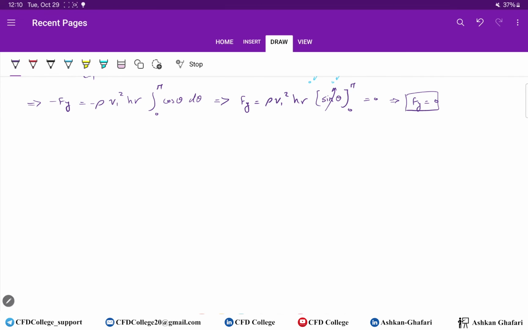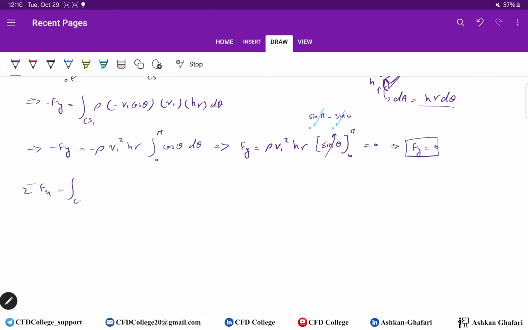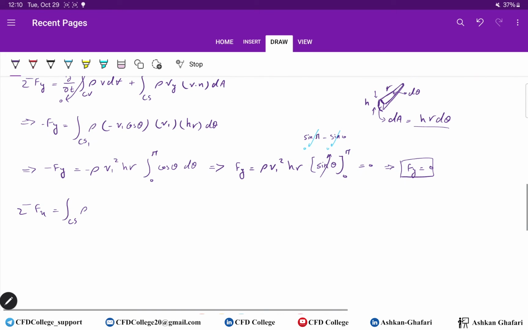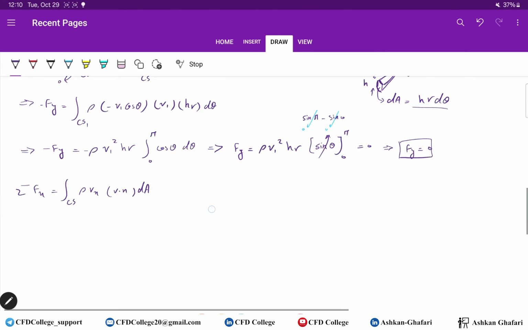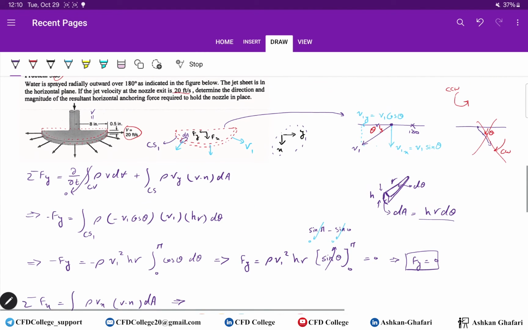Let's deal with x direction to find Fx. So the summation of forces in x direction, I don't write the first term, equals the exchange of momentum through control surfaces, rho Vx V dot n dA. So in x direction, we only have this Fx and it's parallel to x.